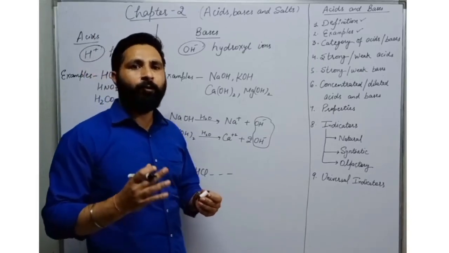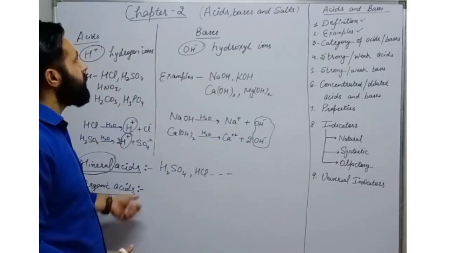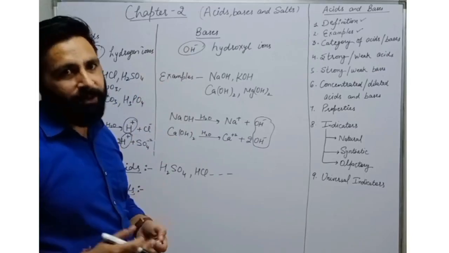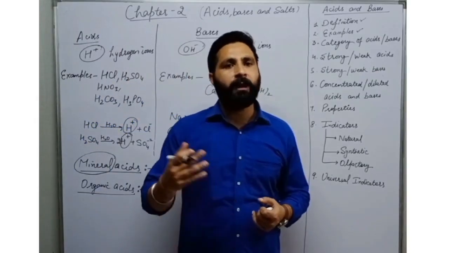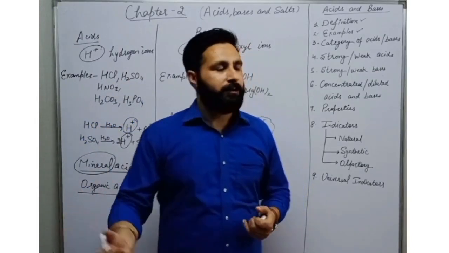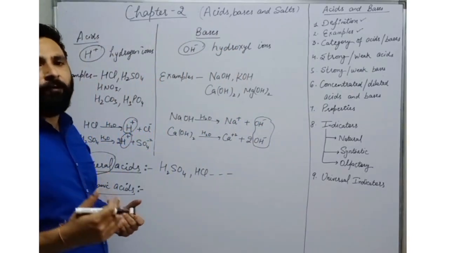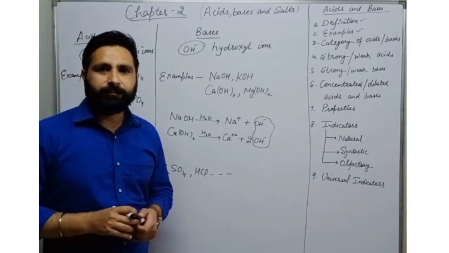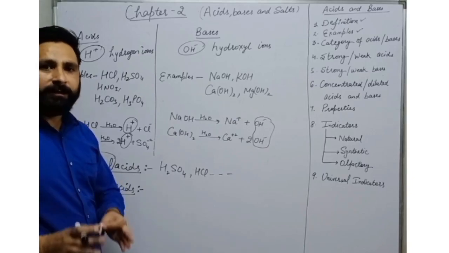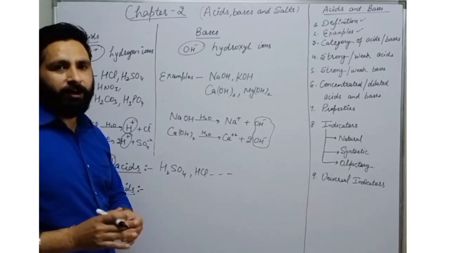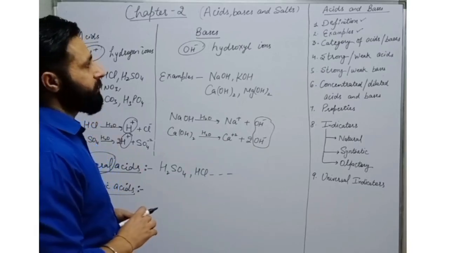In the same way we can define bases also, means mineral bases, those bases which are obtained from the earth crust, and organic bases which are obtained from plants or animals. Clear? And organic acids are natural acids. Similarly, organic bases are natural bases, and these are man-made acids or bases.